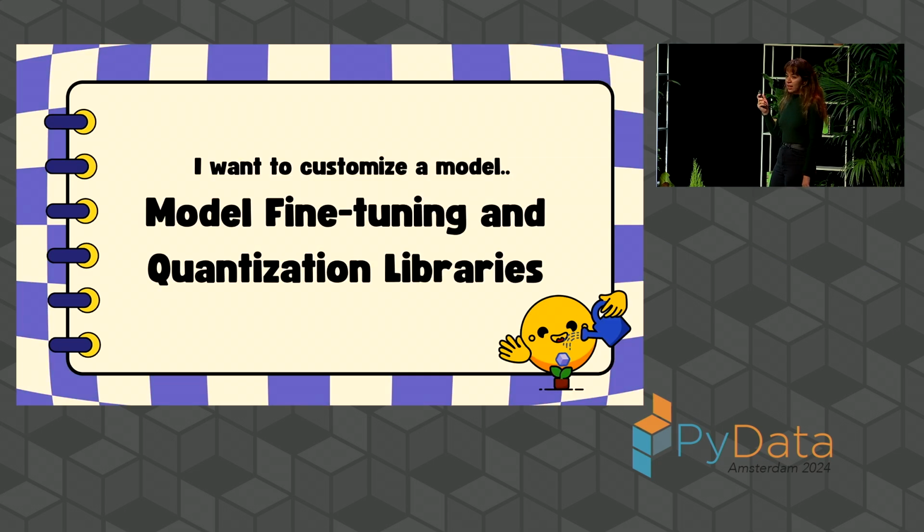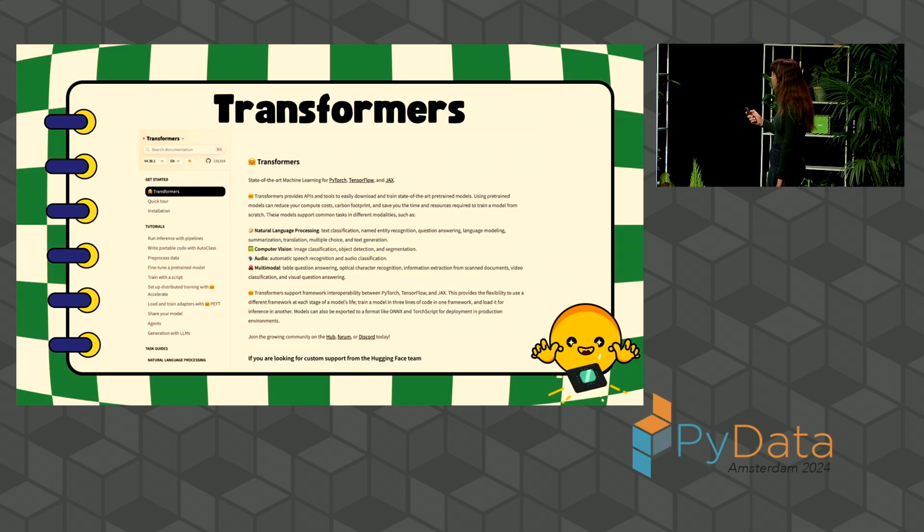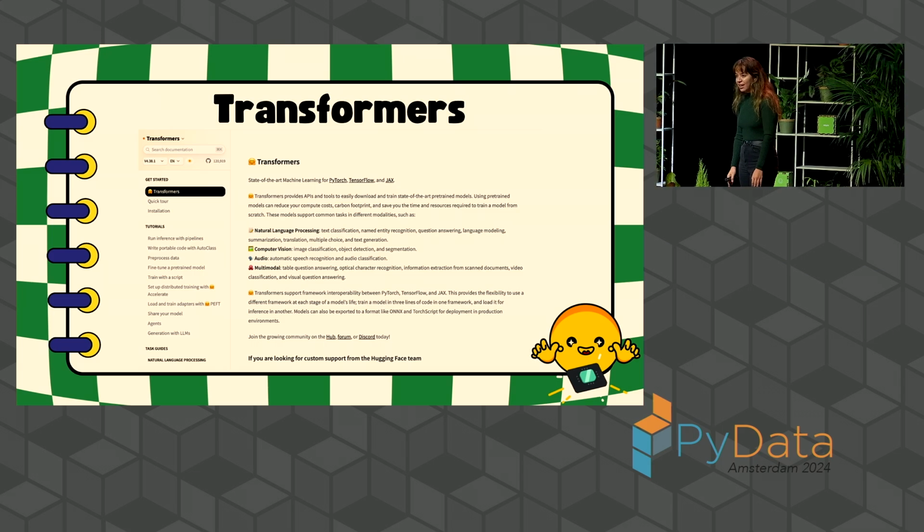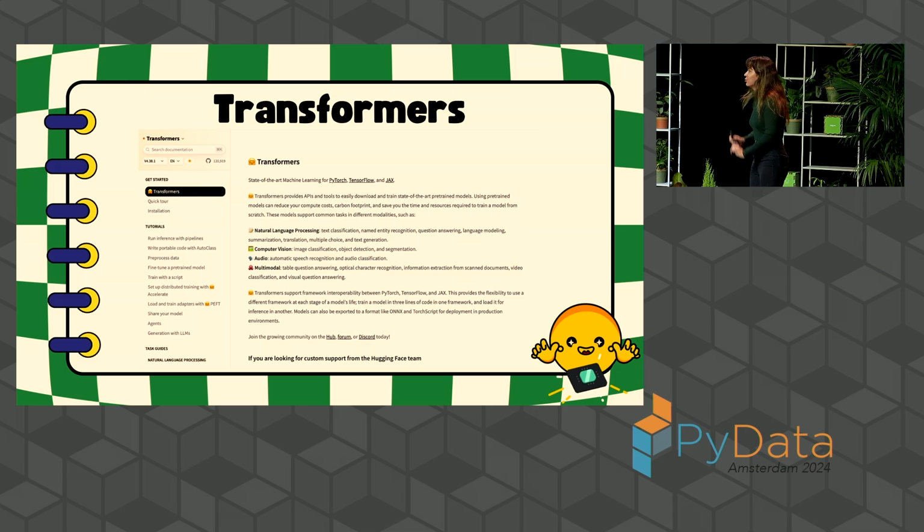So if you want to customize your model, there are a bunch of libraries that we have. Of course, the most famous one is Transformers. I think most people know it. It is a library where most of the state-of-the-art, cutting-edge architectures are abstracted and provided with a very simple API, which I will quickly show you.